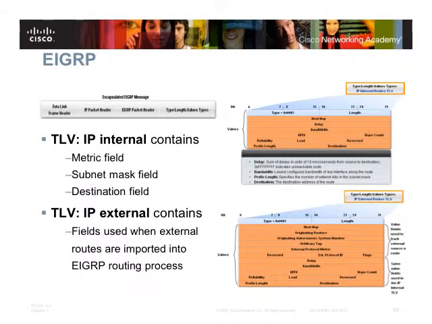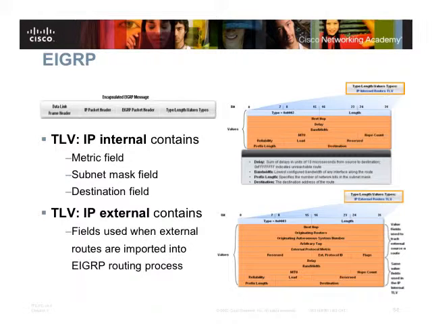Another TLV which is called IP internal, and we have IP external. This IP external is not, in fact, used a lot because this is used for exterior routing protocols. If you remember, when we talked about the classification, the taxonomy of the different routing protocols, we talked about interior routing protocols and exterior routing protocols.